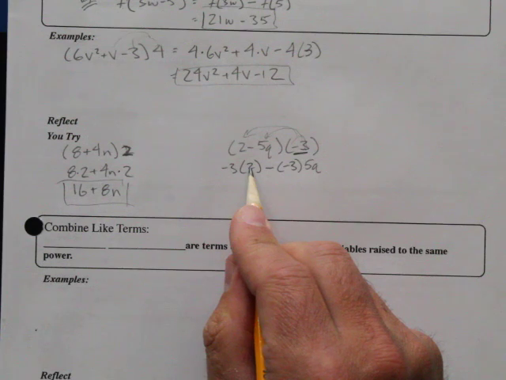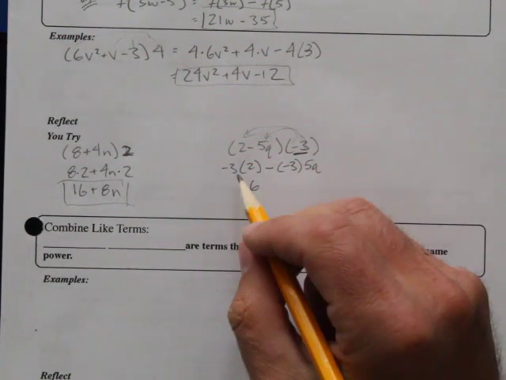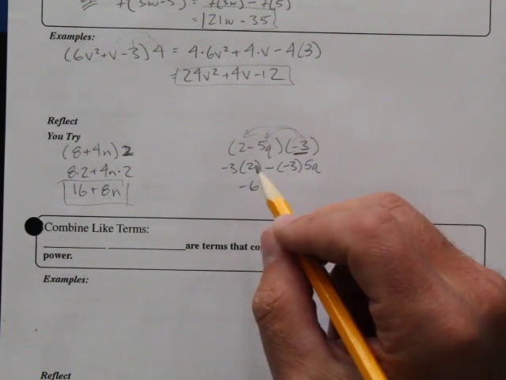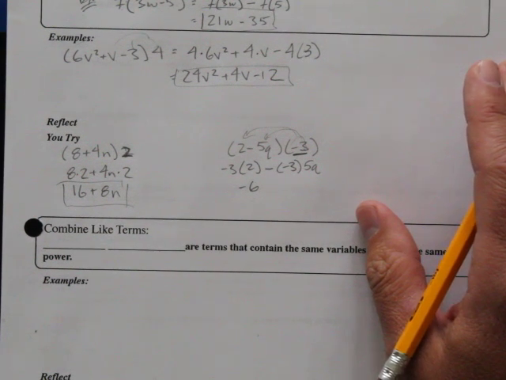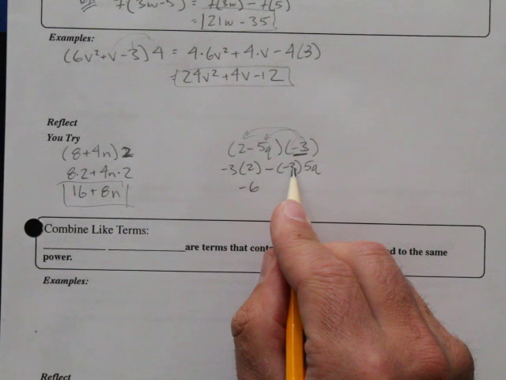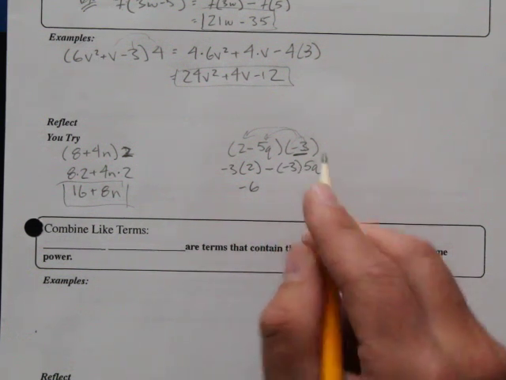Negative 3 times positive 2 gives me negative 6. Negative times a positive is negative. Negative times a negative is positive. Positive times positive is positive. Okay, here we have a negative and a negative 3, so I know that I'm going to have a positive, but I'm going to multiply here first.